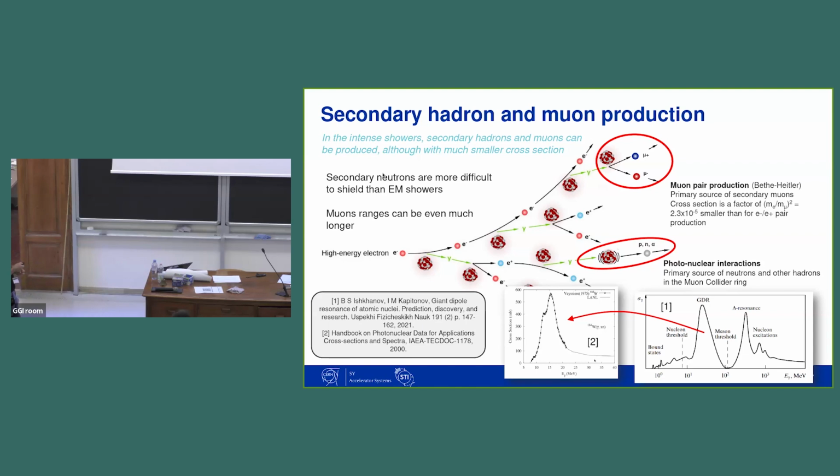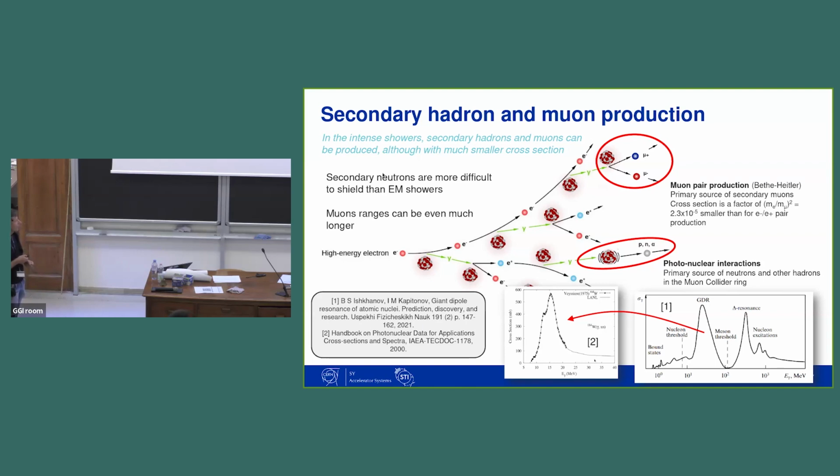And then hadrons are produced mostly through photonuclear interactions. You can see a generic plot of what such a photonuclear cross section looks like as a function of the energy. We have different resonances, the so-called giant dipole resonance you might have heard about, and then other resonances like delta resonances.